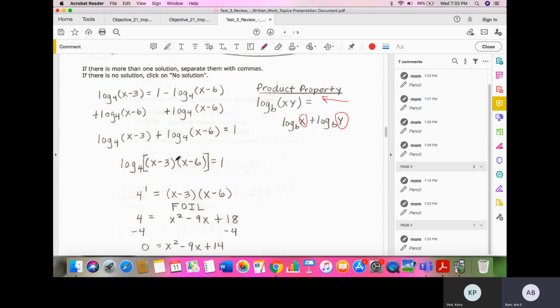There's an understood multiplication symbol here, and that equals what's on the right side, which is 1. So we are now going to convert this log to an exponential equation to solve it. And the way we do this is we start with the base.